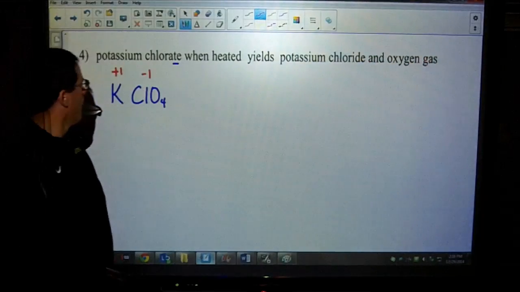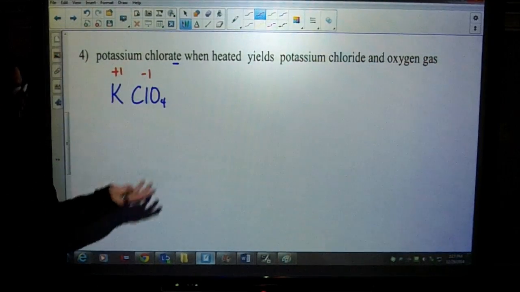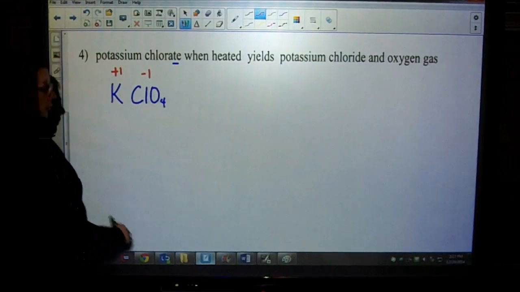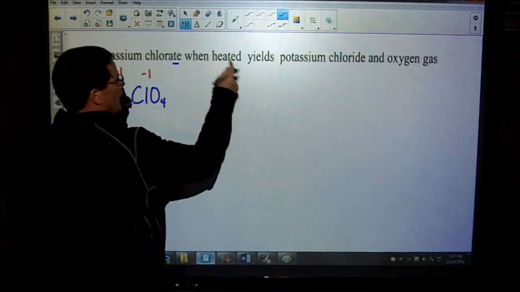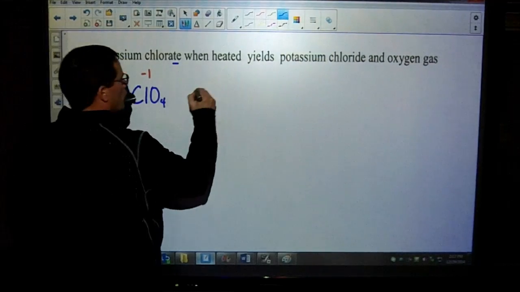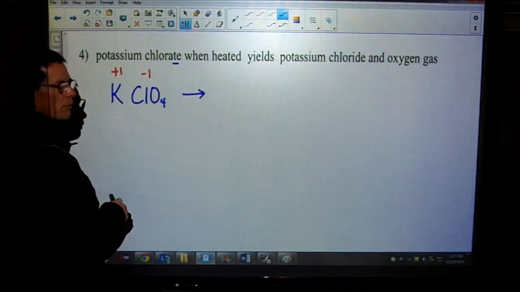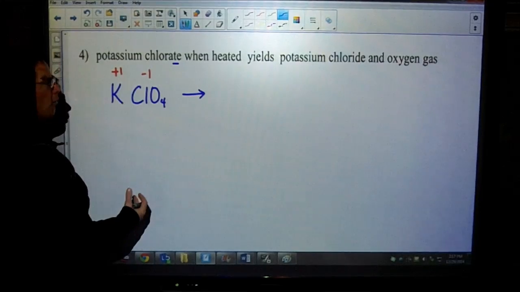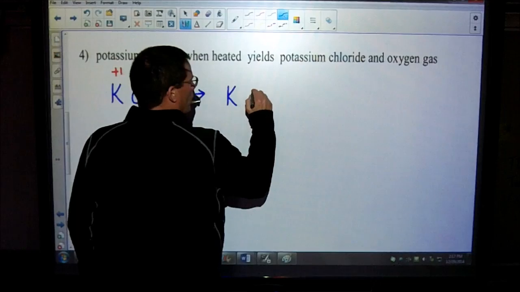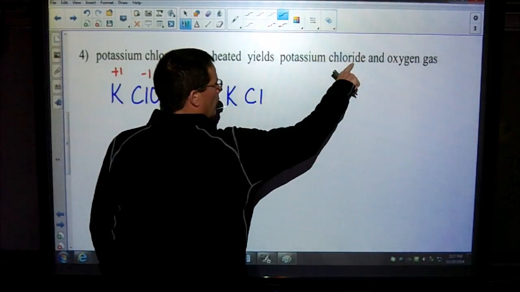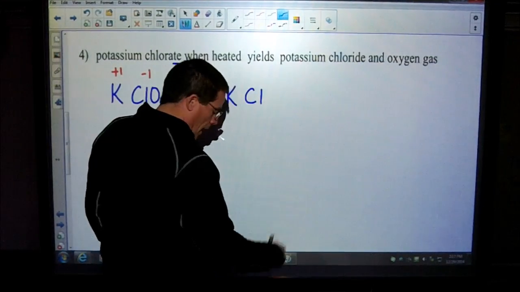All right, so chlorate is a polyatomic, so that one you should just have memorized. And since it's +1, -1, looks good. When heated, yields, so arrow, so it's not an "and" or "reacts with." So it yields potassium chloride. So potassium and chloride ends in IDE. That means it's reacting with somebody.